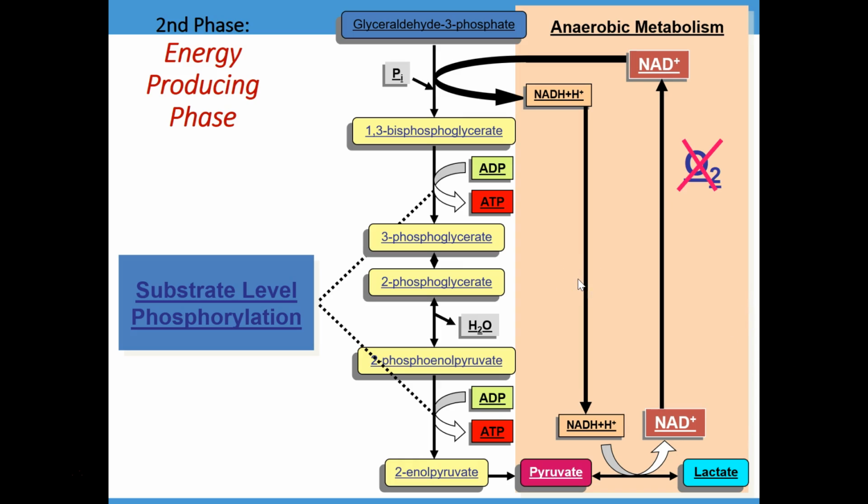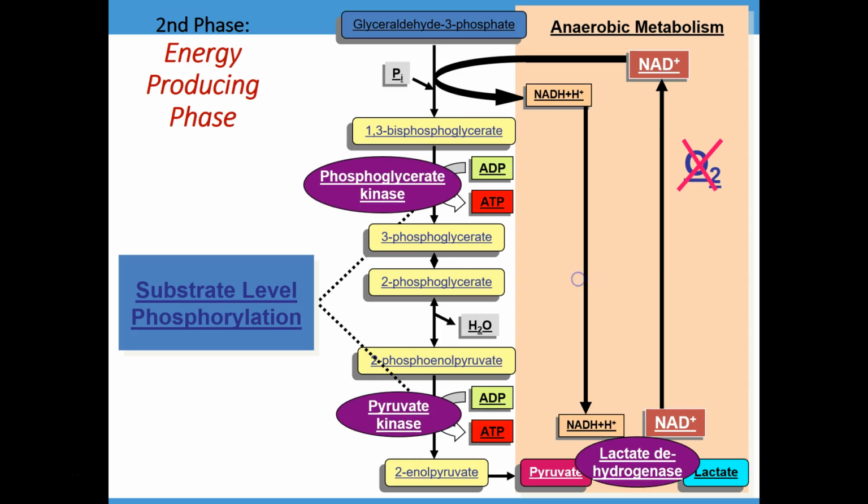Lactate can be converted back to pyruvate depending on the availability of oxidized NAD. Key regulatory enzymes in the second phase include phosphoglycerate kinase, pyruvate kinase, which is a regulatory enzyme, and lactate dehydrogenase.